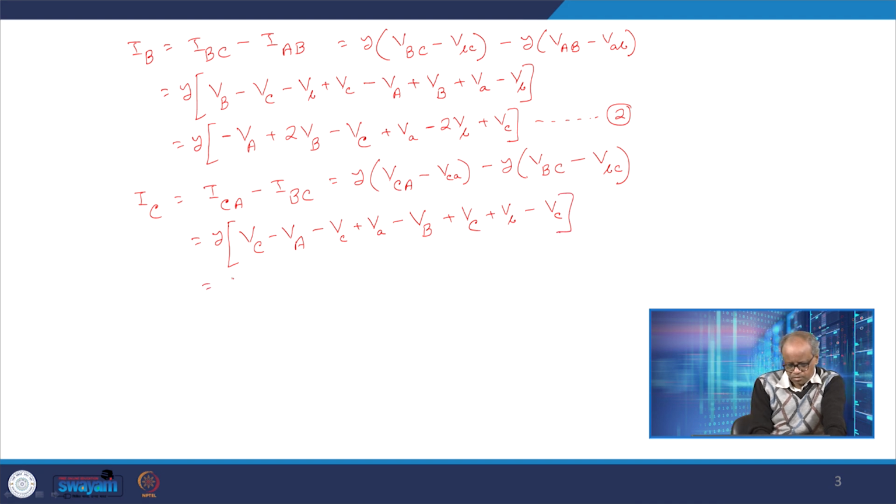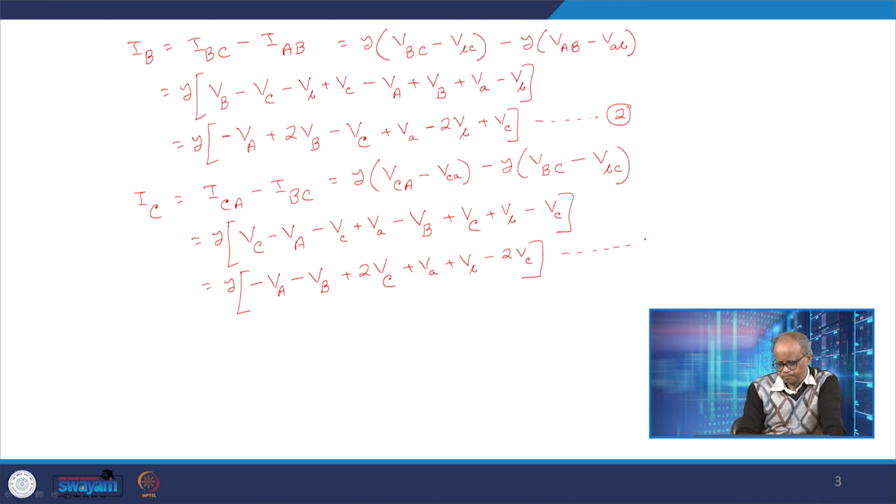So it becomes Y into minus VA minus VB plus 2V capital C, then plus VA plus V small b minus 2V small c. So these are the three primary side currents.